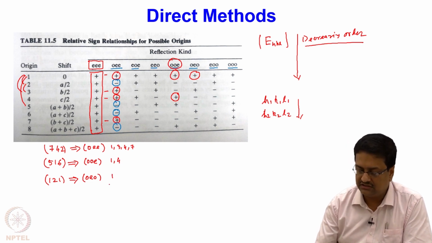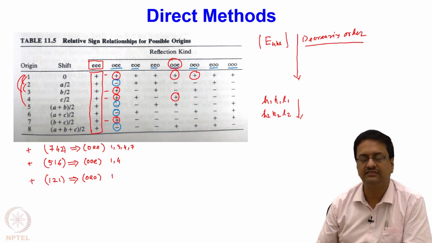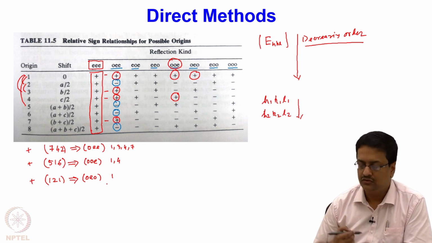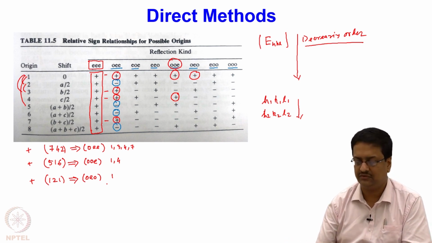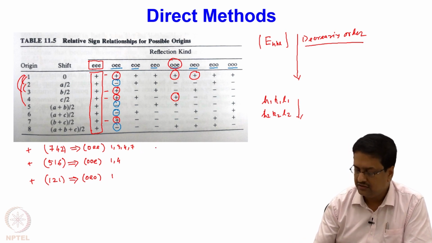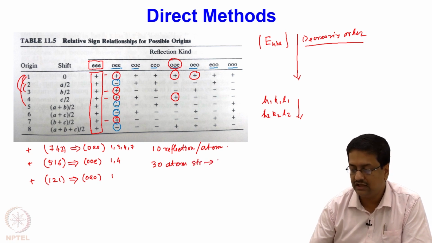So now with this condition, the phases of these reflections are all plus. You have choices of those origins. So like that, we try to assign phases of a large number of reflections. How many? As we indicated, 10 reflections per atom. So if it is a 30 atom structure, then we need to guess about 300 such phases.